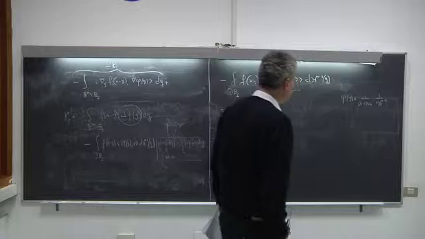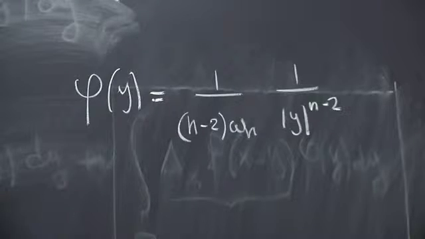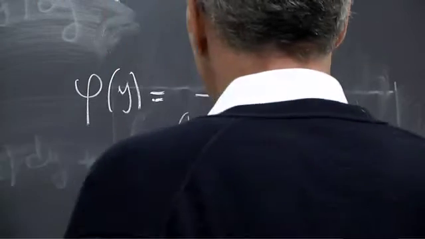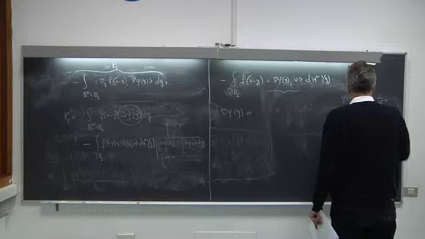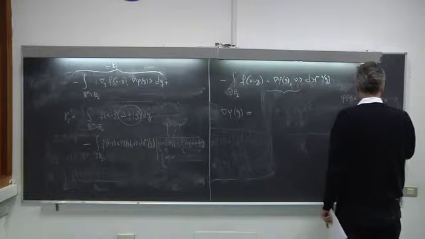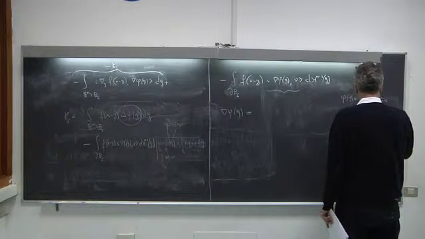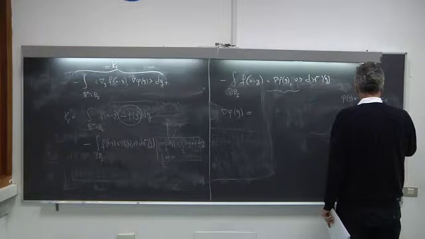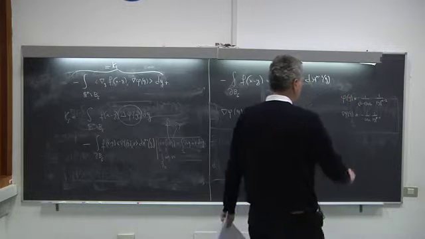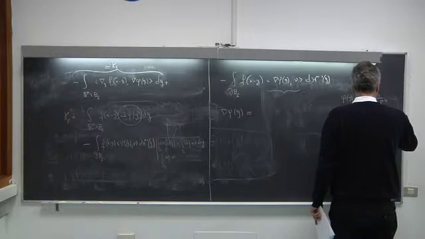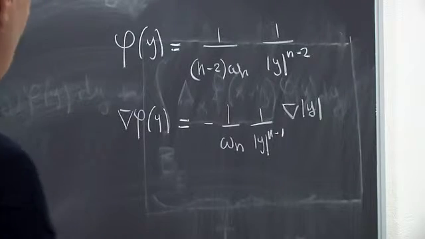This is, for instance, in dimension larger than 2. And then if I take the gradient of this, this is equal to minus 1 over omega n, then I have here |y| to the n minus 1, and then I have the gradient of |y|. Do you agree?